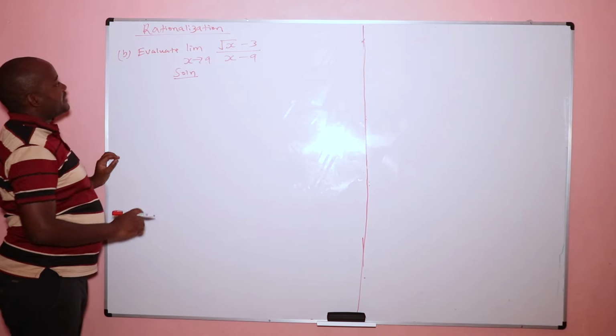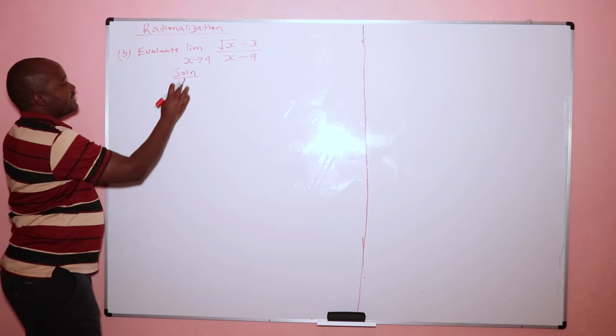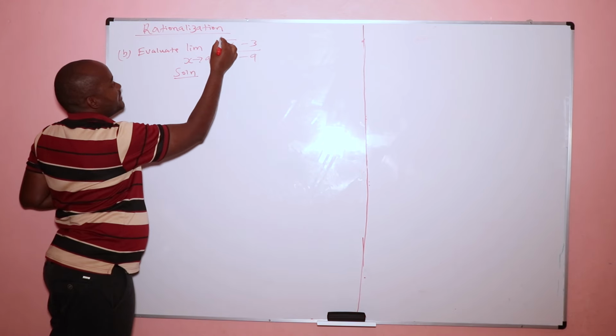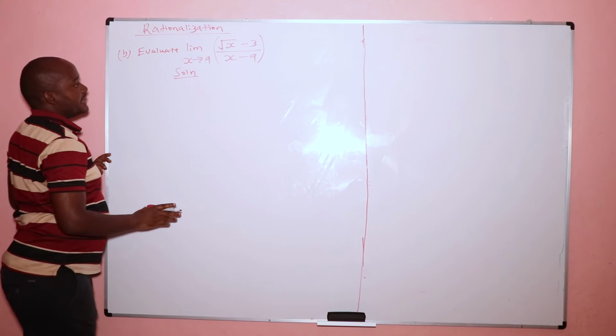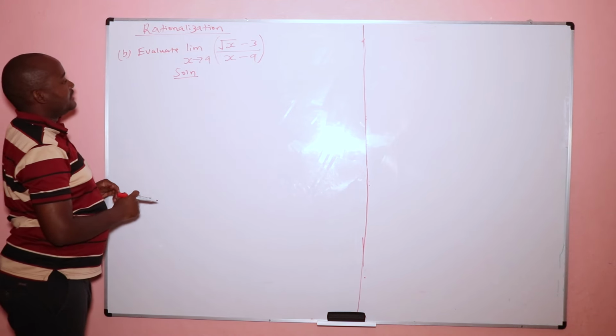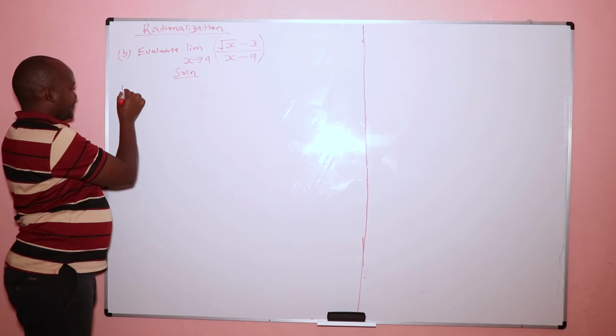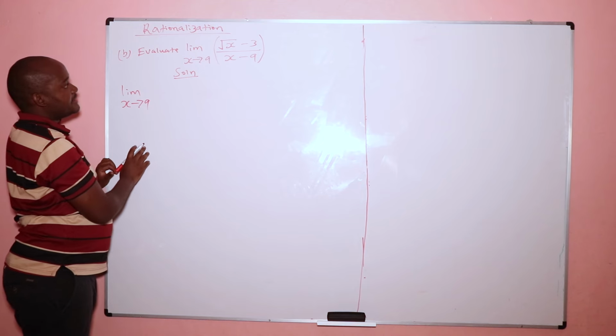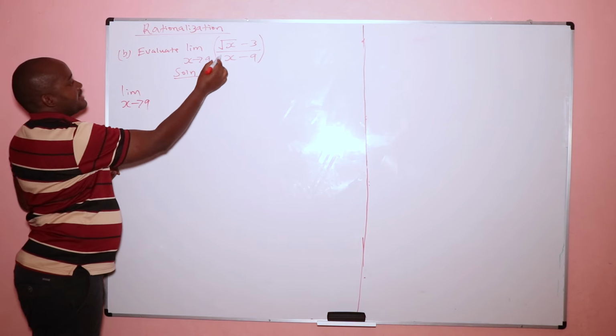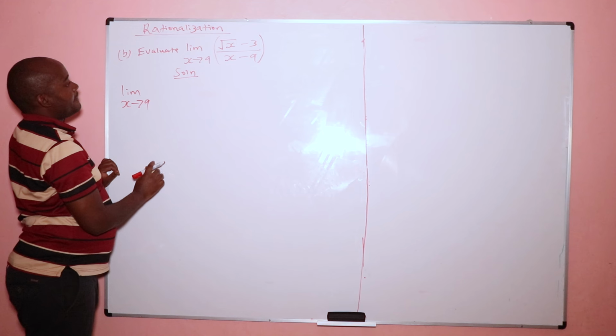So the next example is evaluate the limit as x approaches 9 of this particular function here, which is root x minus 3 over x minus 9. So this is the solution. You can clearly see that the surd is in the numerator, not the denominator. And the surd is this value, root x.